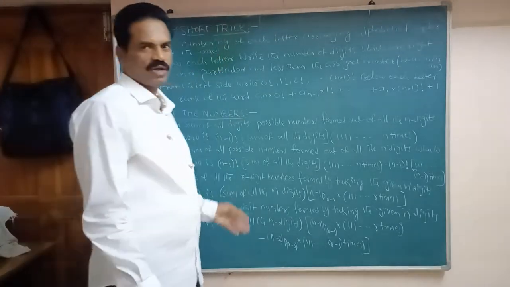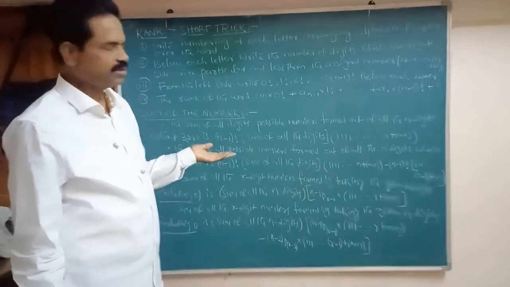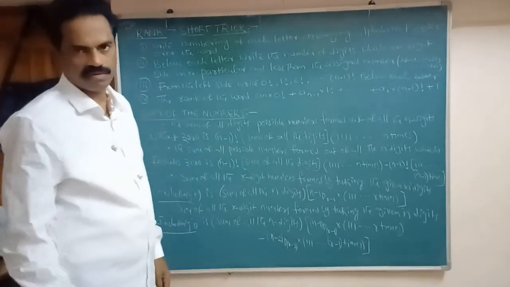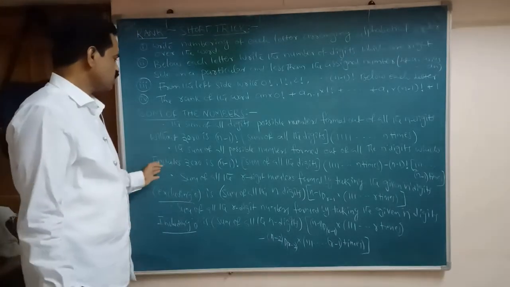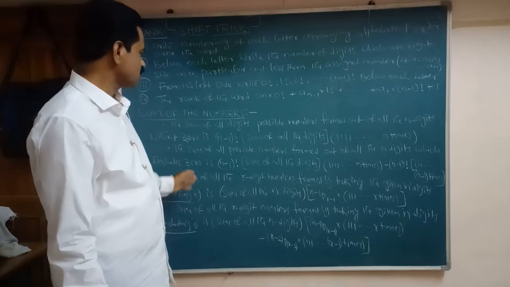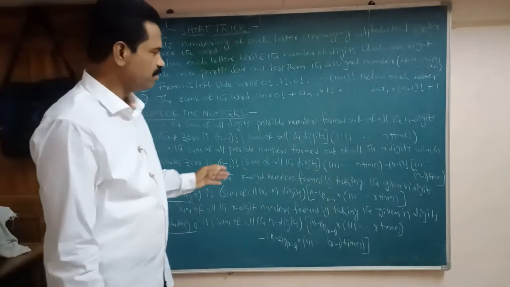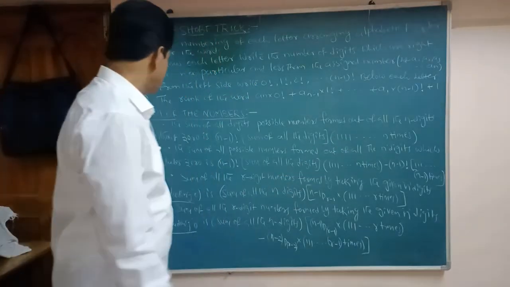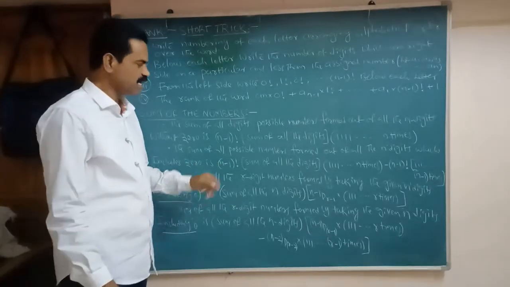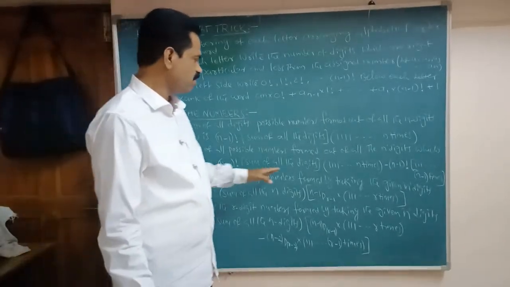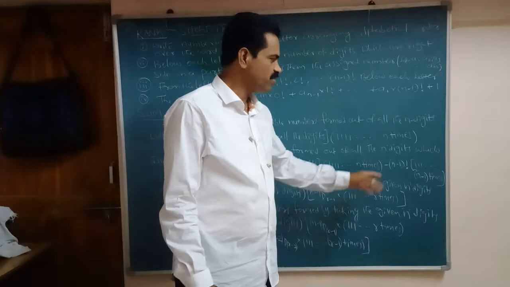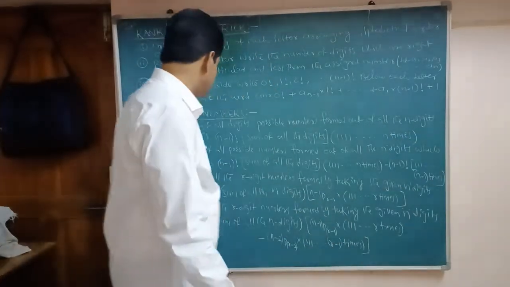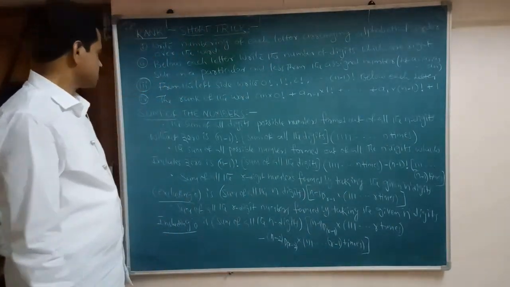So we can use the direct formula and get the answer in one or two lines. Next, including 0: the sum of all possible numbers formed out of all the n digits which includes 0 is n minus 1 factorial into the sum of all the digits into 1, 1, 1, and so on n times, minus n minus 2 factorial into 1, 1, 1, and so on n minus 1 times. This is the second one.